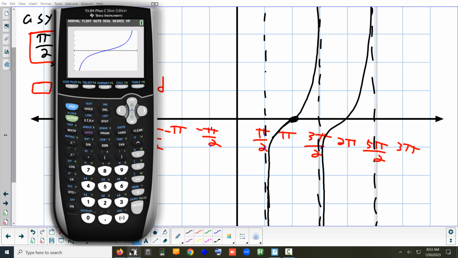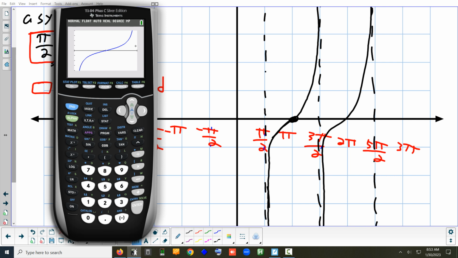So it doesn't go as far as 2 pi. Stops at 180. If it stopped at 180, that's pi, you would only be seeing this bottom section. So it goes further than pi. Yep, 3 pi over 2 or 270 degrees. Right. So it starts at 90, it stops at 270, and that's one cycle.